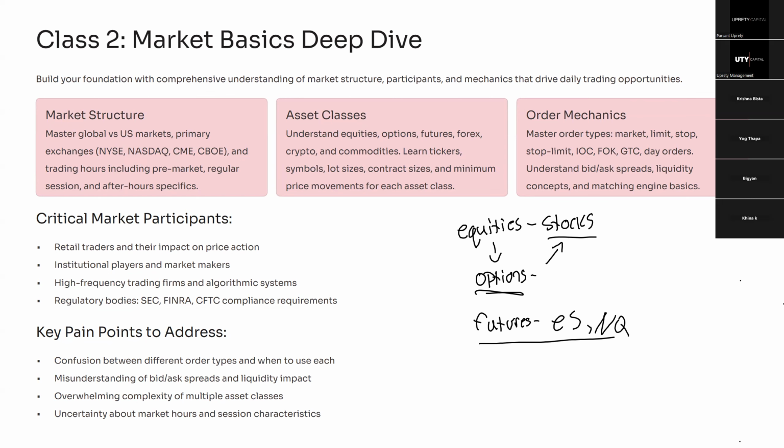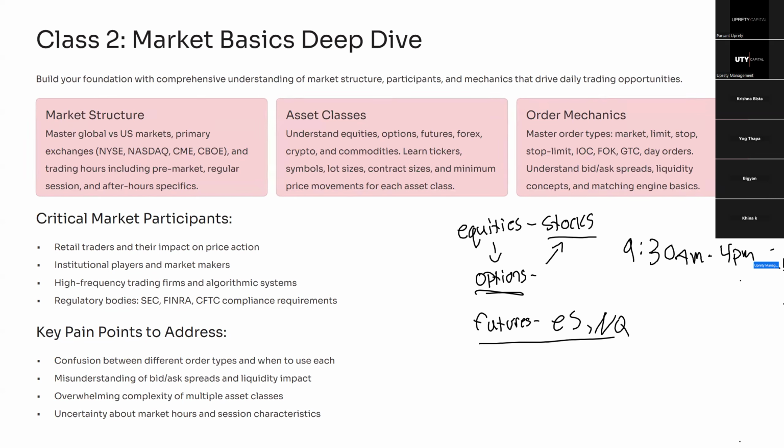You can also trade commodities and things like that, which we'll go into in a minute. But futures are open much longer than equities and options are. Equities and options are open from 9:30 a.m. to 4 p.m.